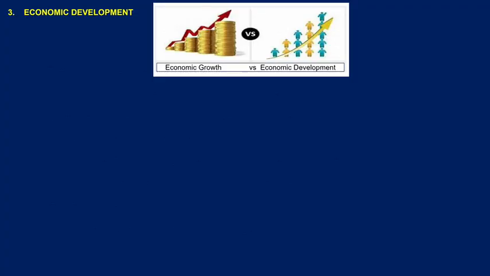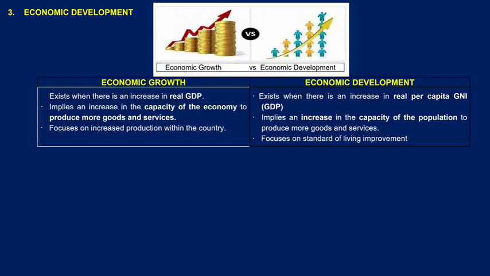Right, so we start with economic development, and there we look at economic growth versus economic development. Remember, I said to you this is a very popular 8-mark question, and you can answer in table form as it is here. So economic growth exists when there's an increase in real GDP, whereas economic development, on the other hand, exists when there is an increase in real per capita GNI or real per capita GDP.